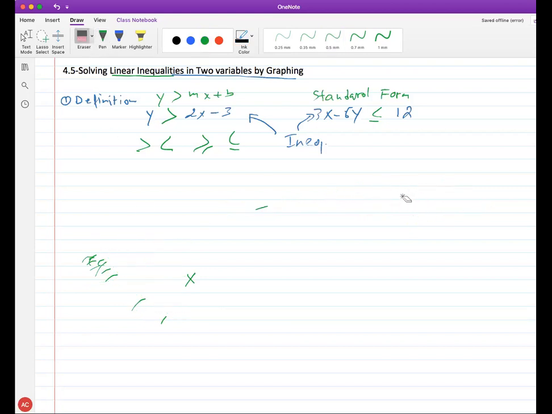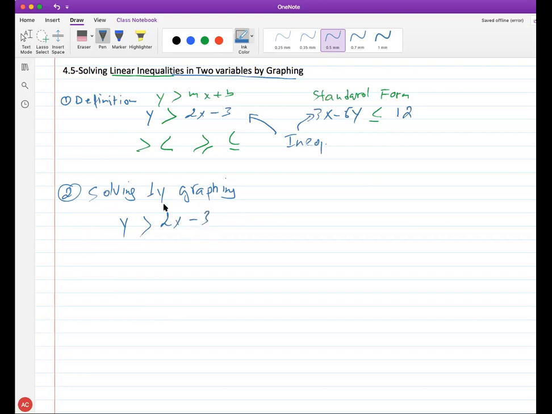Okay, so let's see an actual example of an inequality. Solving by graphing. Let's take this specific one here. So y > 2x - 3. An inequality. So we're gonna need a graph to put the inequality in.